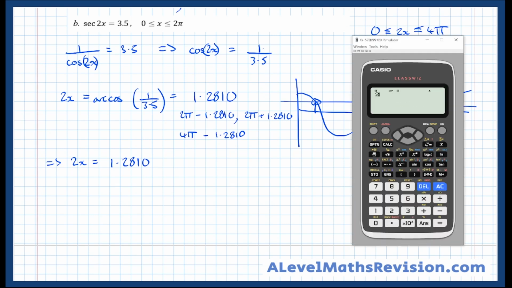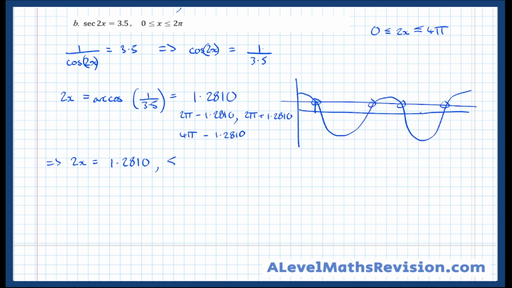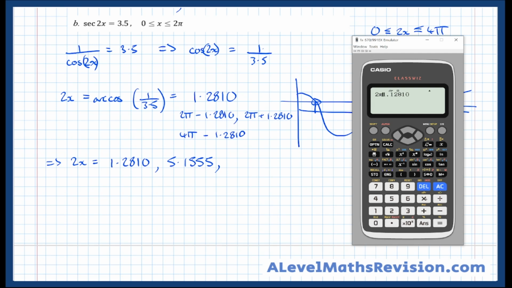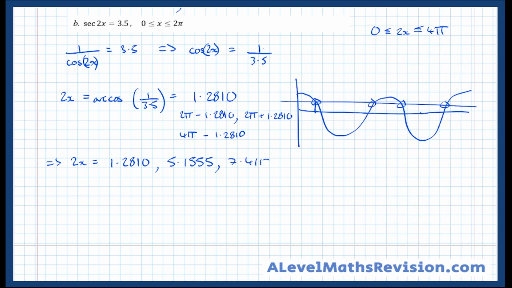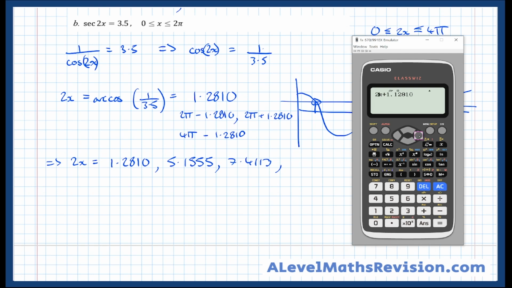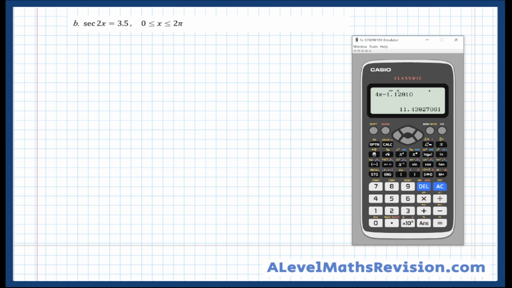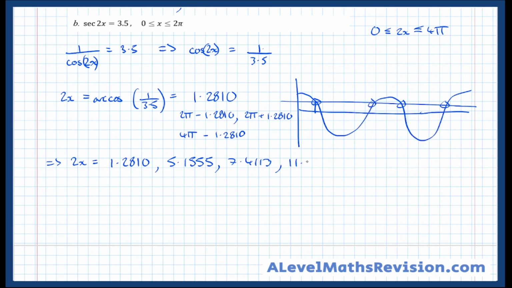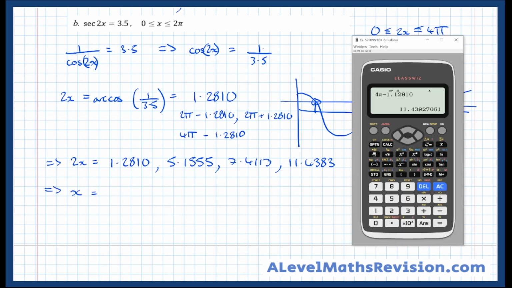So 2 pi minus 1.2810, 5.1555, and change that to a plus, 7.4113, and then 4 pi minus 1.2810, 11.4383, like that.